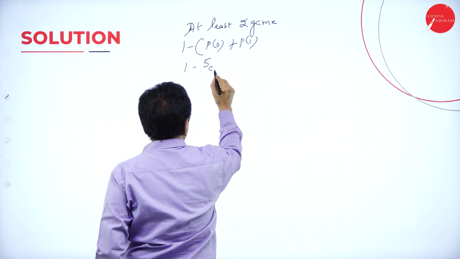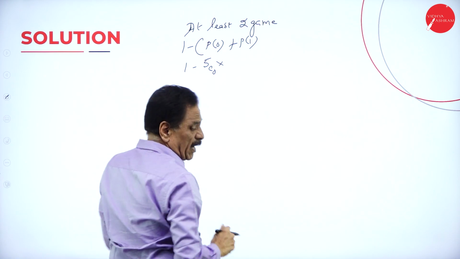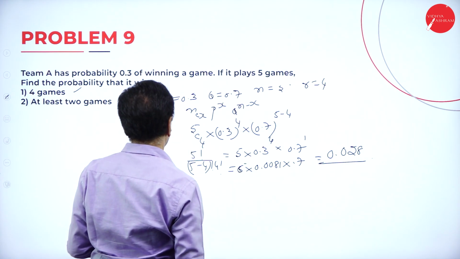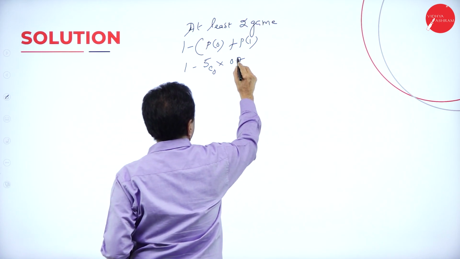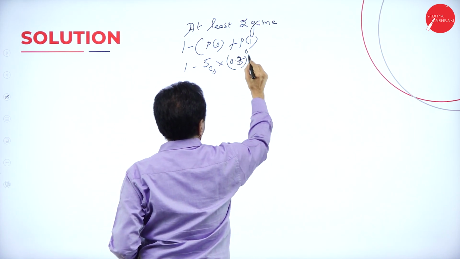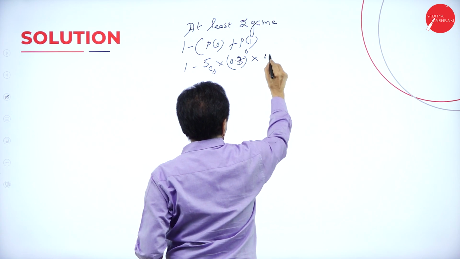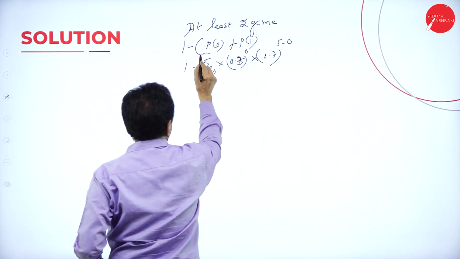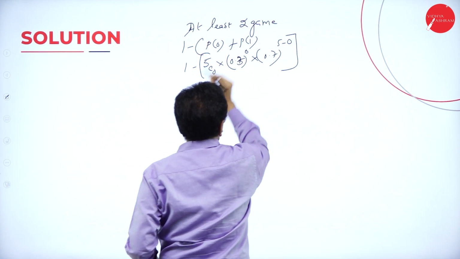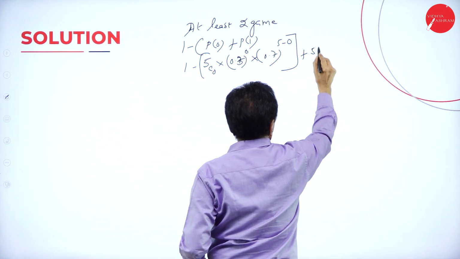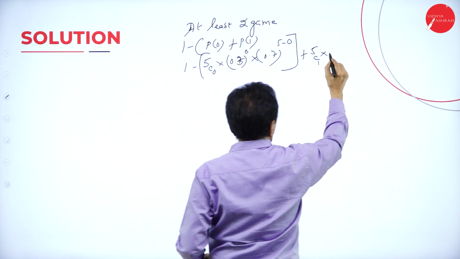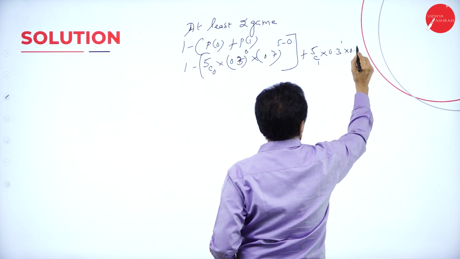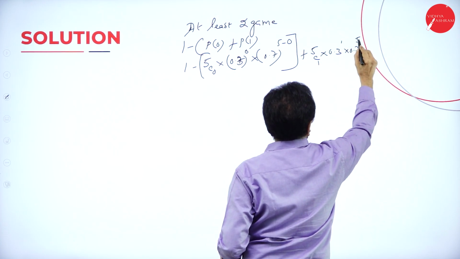5C0 into 0.3 to the power of 0, into 0.7 to the power of 5 minus 0. Then when it is 1, 5C1 into 0.3 to the power of 1 into 0.7 to the power of 5 minus 1.